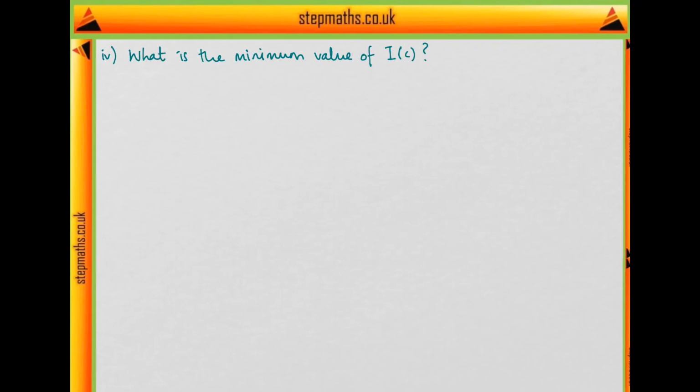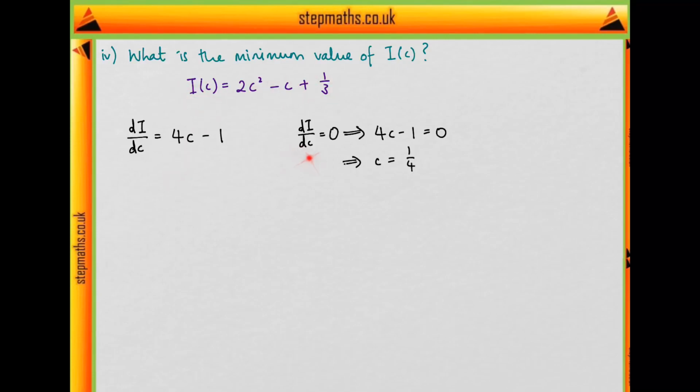For part 4, it asks, what is the minimum value of IC as C varies? Remember in the last part, we worked out what IC is. So we just want to find the minimum of this, and I'm going to do that by differentiating. When we differentiate IC, we get 4c minus 1. If we set the derivative to 0, we get that c is equal to a quarter.